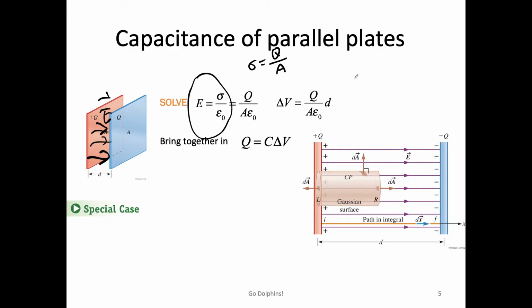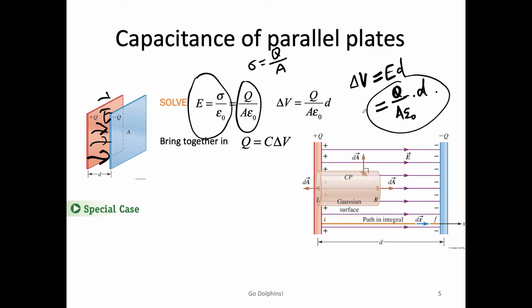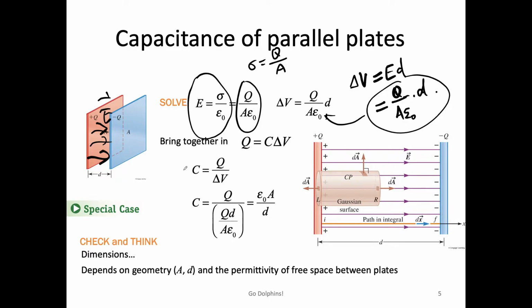Now we just learned that the potential difference for a uniform field is E times D, and I know my E is Q over A epsilon 0, times D. So this is my potential difference. We want to calculate what C is.